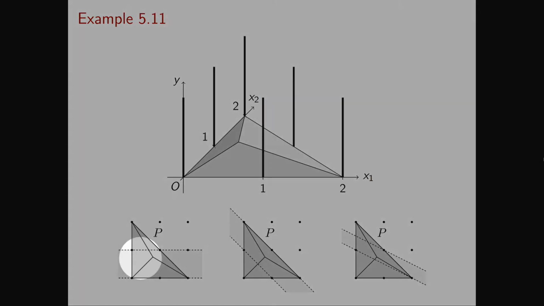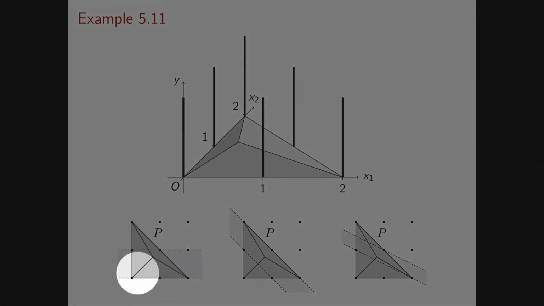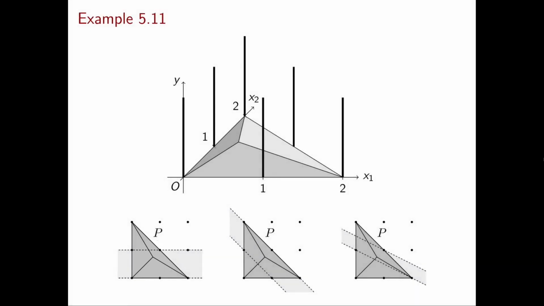So from above, I can see all my pyramid, and the base of the pyramid is the triangle that is the convex hull of the origin, the point 2, 0, and the point 0, 2. And then in the middle of this triangle, I can see the ridges of this pyramid, which are going upwards towards me, and the apex of this pyramid is exactly at the intersection of these three segments.